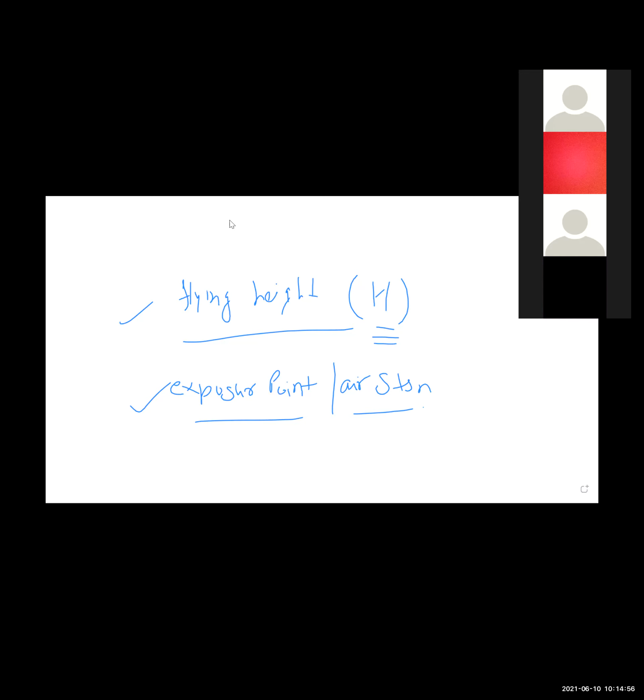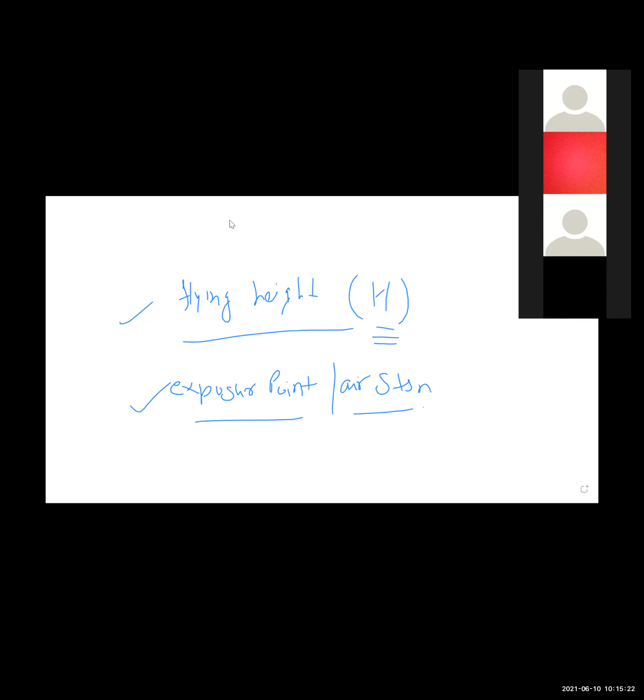So it is also known as exposure. In the question it is also written as exposure point; air station is written in terms of exposure point. So exposure point means the point where the camera is fixed, means air station.